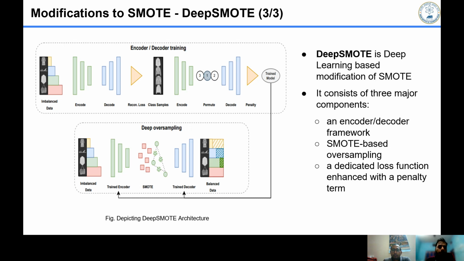This framework consists of three major components. The first one is an encoder decoder framework. Then it is followed by SMOTE based oversampling, and then they're also using a dedicated loss function that enhances the penalty factor for the minority class.